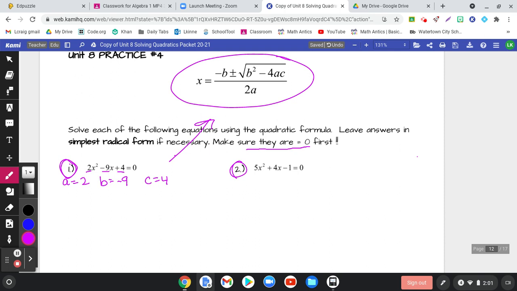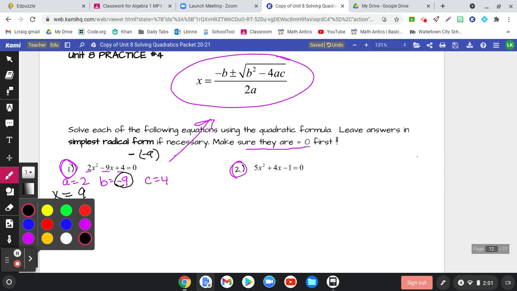X equals negative b, so I'm just going to start by writing that down. It's negative b, and b is negative 9, so it's going to end up being 9, plus or minus the square root of b squared.